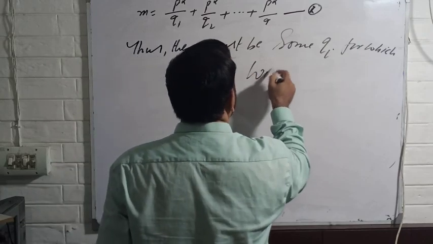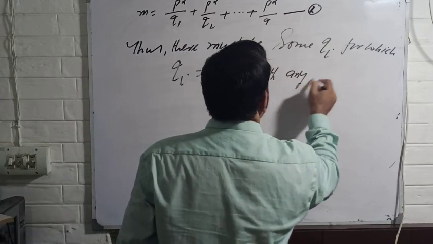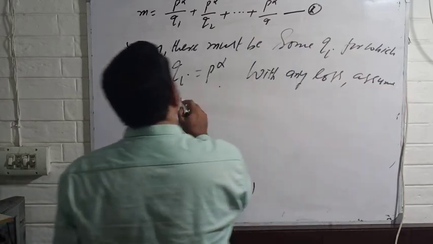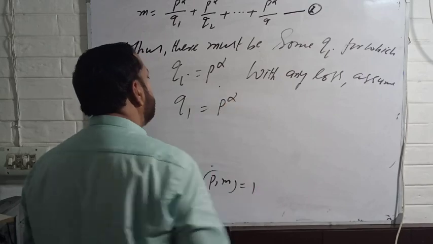So without any loss, assume Q1 is equal to P power alpha.